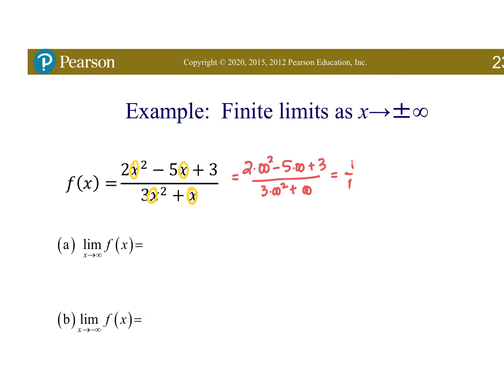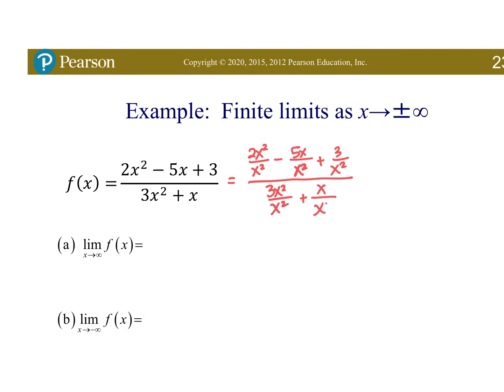All right, so that means that we're legitimately allowed to back up and divide everything by the highest power of x. So the highest power of x is x squared. So I'll divide this term by x squared. I'll divide this term by x squared. 3 gets divided by x squared. 3x squared gets divided by x squared, and x gets divided by x squared.